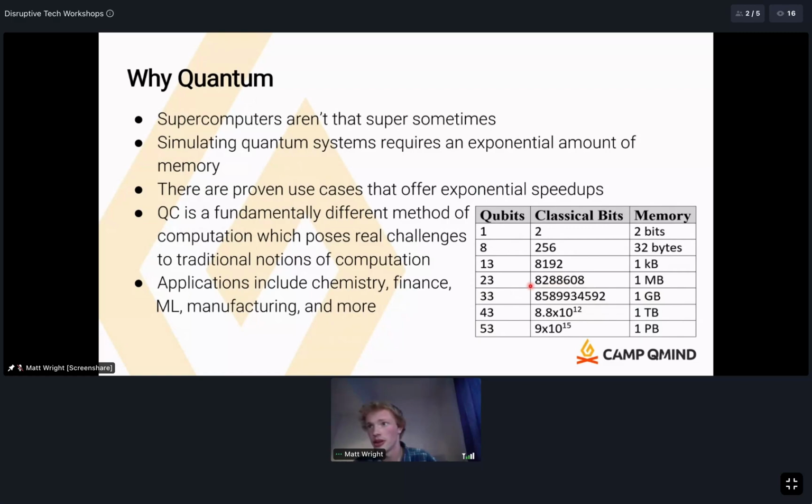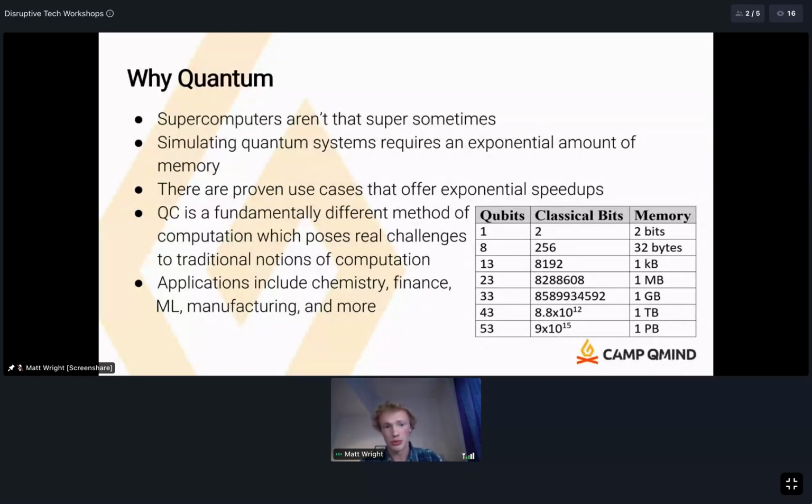I might have done that wrong. And that's like a megabyte. But if you get up to just 53 qubits, which, if we're talking about molecules, a caffeine molecule is something on the order of 33 qubits to simulate. When you're dealing with a 53 qubit system, you're looking at a petabyte of RAM, which is just bonkers.